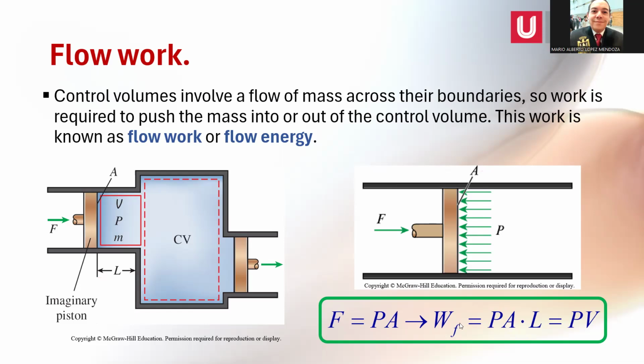We can calculate this flow work, which we represent with a W letter and an F subscript, as the product of the pressure, the cross-section area, and the displacement. This product of the area times the displacement is just the volume of the fluid which we are introducing to the control volume.